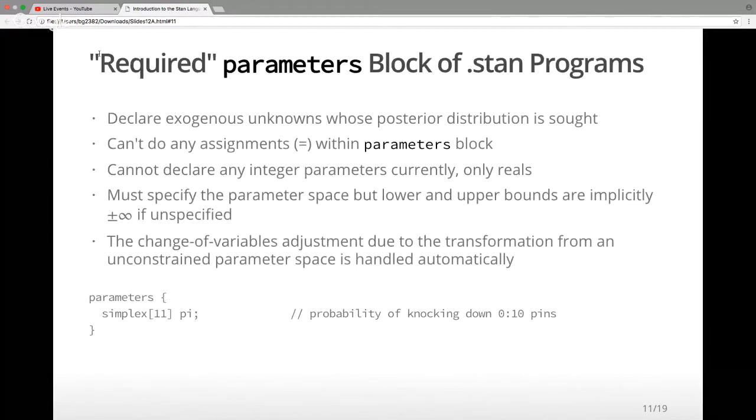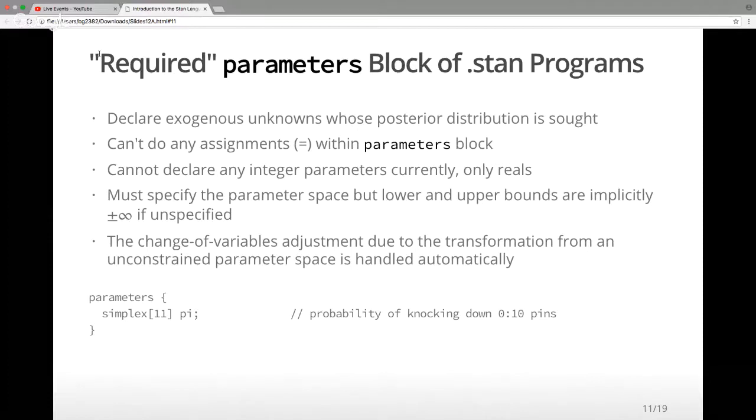Okay, next block, pretty much required. It's the parameters block of a Stan program, where you declare the exogenous unknowns, whose posterior distribution is sought, and the things that you should have prior beliefs about. The parameters block, like the data block, doesn't have any assignments in it.